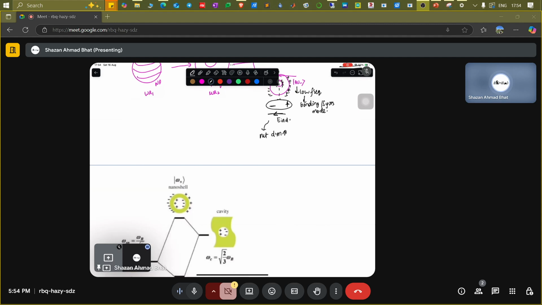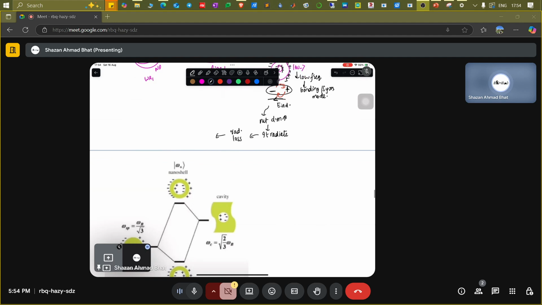That means it is going to radiate. Because it is oscillating back and forth, it is going to radiate, and once it radiates, there will be radiative losses. And once there are radiative losses, it is going to be losing its overall energy.